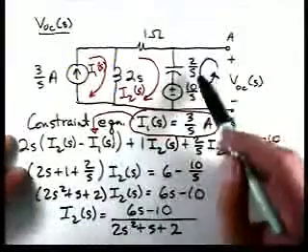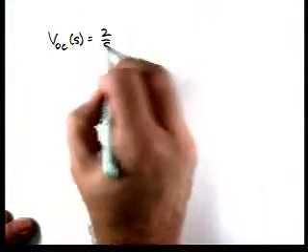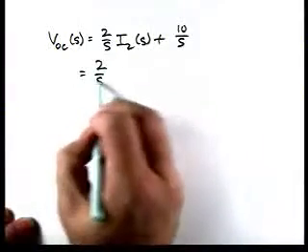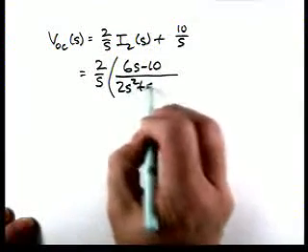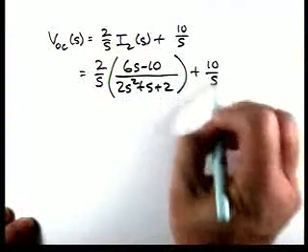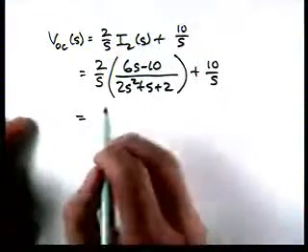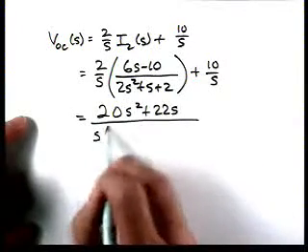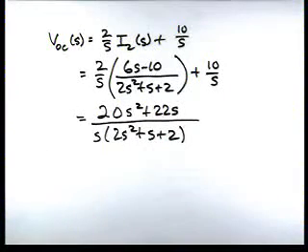So VOC will be 2 over S times I2 plus 10 over S. So we have 2 over S times 6S minus 10 over 2S squared plus S plus 2, plus 10 over S. And if we manipulate it algebraically, we'll come to 20S squared plus 22S over S times 2S squared plus S plus 2. So that concludes the calculation of the open circuit voltage.